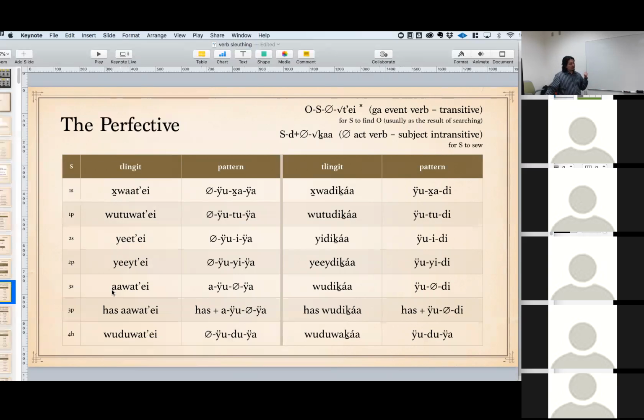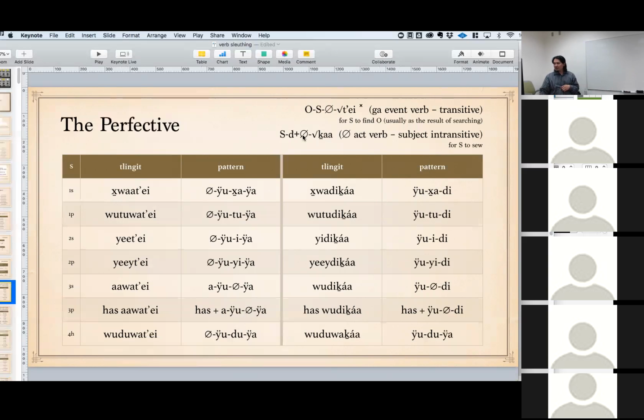He or she. Awat a, awaha, oops, wuta, because there's no object. Has awat a, would do what a. When you get the di on there, and this is the 0 and everything else logic, right?